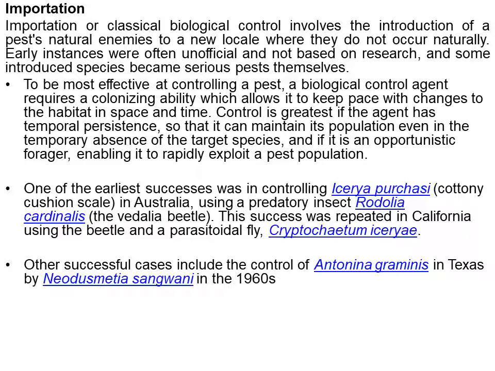Other successful cases include the control of Antonina graminis in Texas by Neodusmetia sangwani in the 1960s. Now, these are the classical examples wherein the biological control agents were brought from outside the country and employed for the control of insect pests.